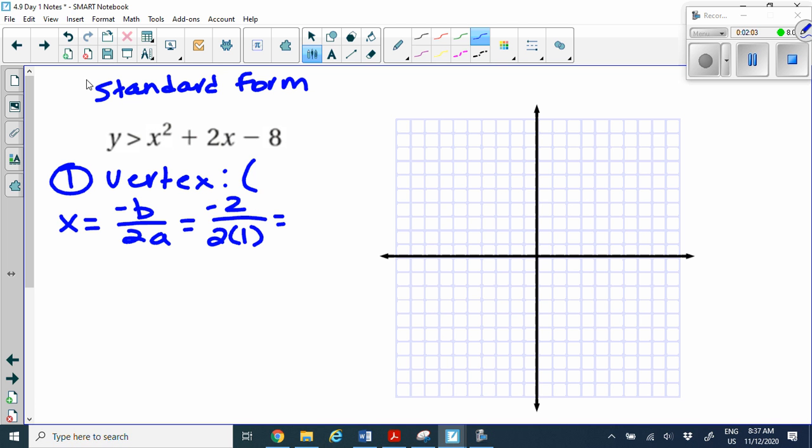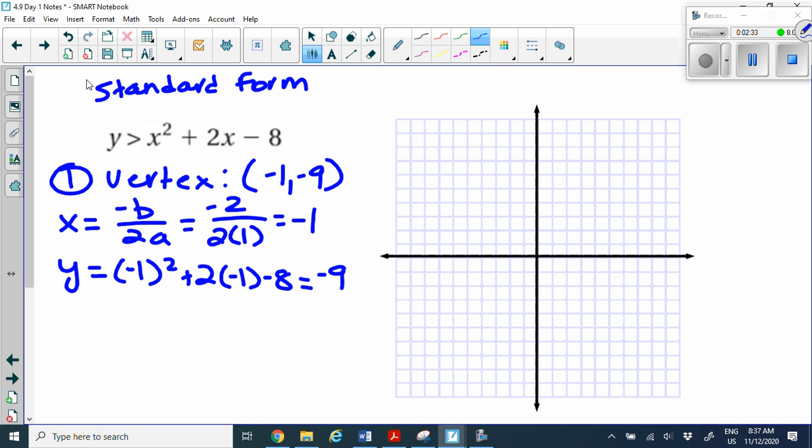So we have negative 2 divided by 2, which gives us negative 1. Now remember, to find our y value, we plug that negative 1 back in for x. So I'm going to do y equals, because we are trying to solve for a y value. I have negative 1 squared plus 2 times negative 1 minus 8. You can just plug that into your calculator exactly as you see it here, especially with the parentheses, and we should get negative 9.